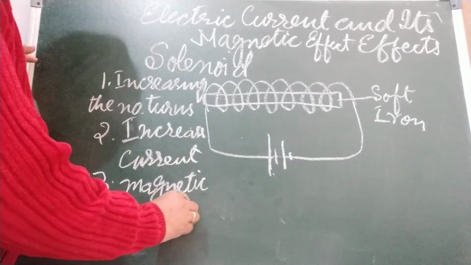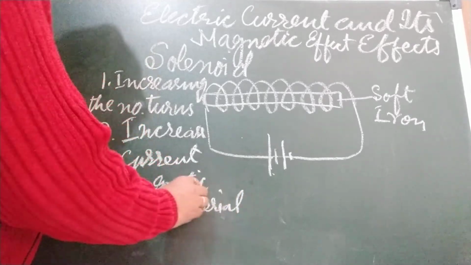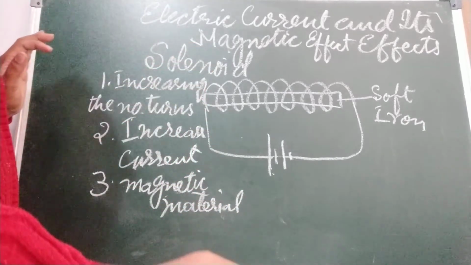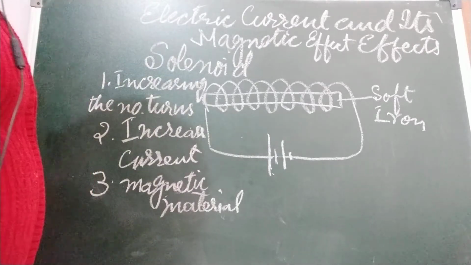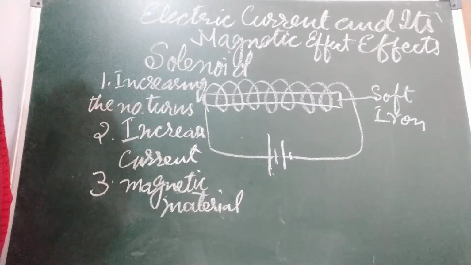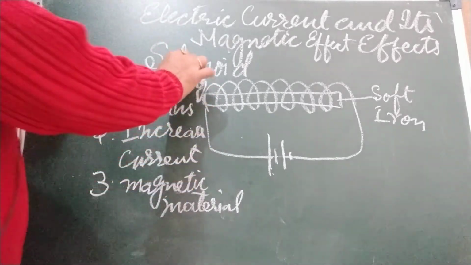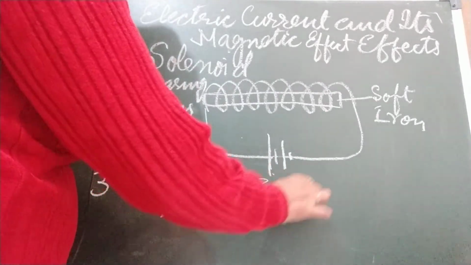So these three things are very important for the magnetic effect of electric current. Now you can make this at home, and this setup is called an electromagnet.